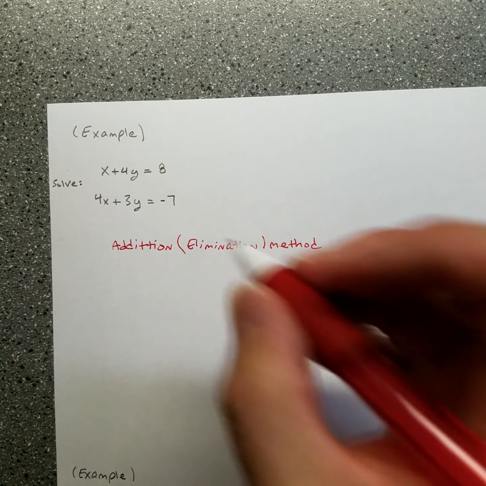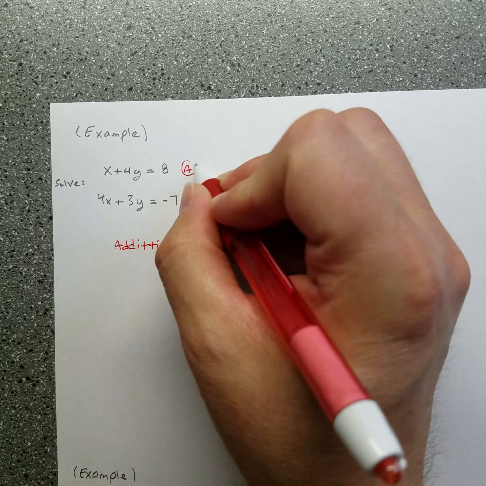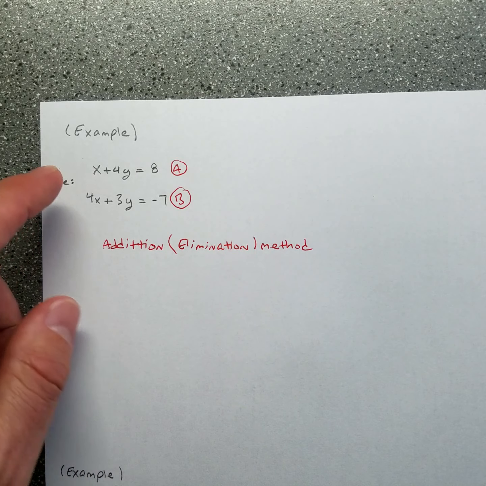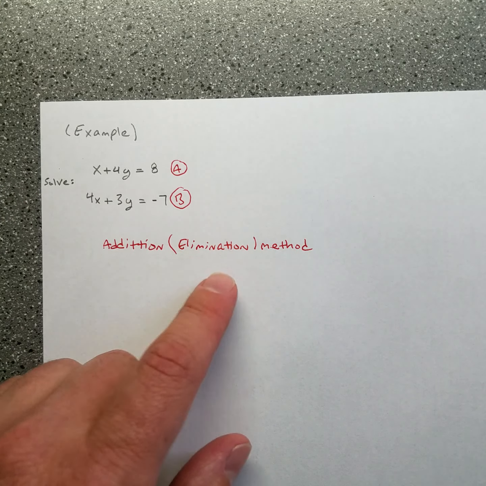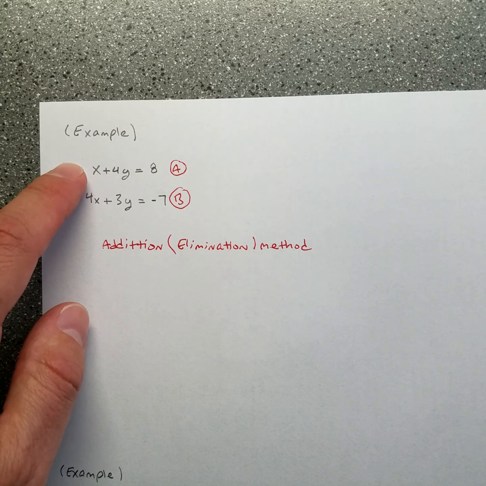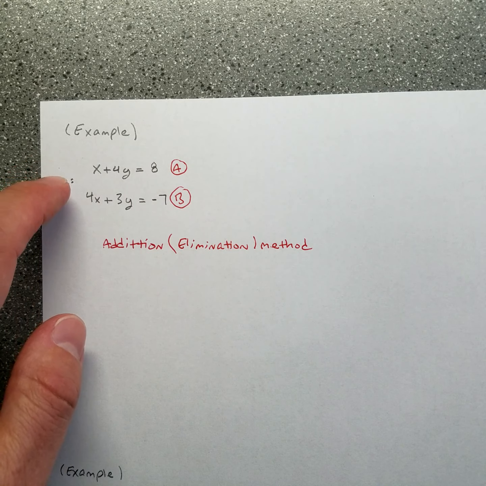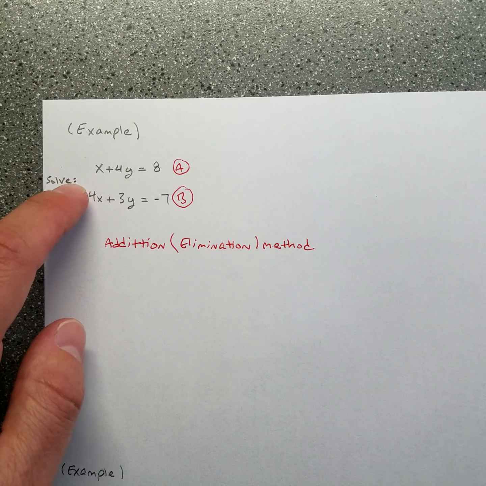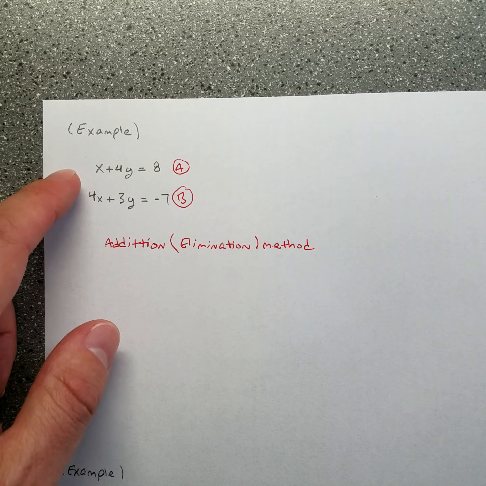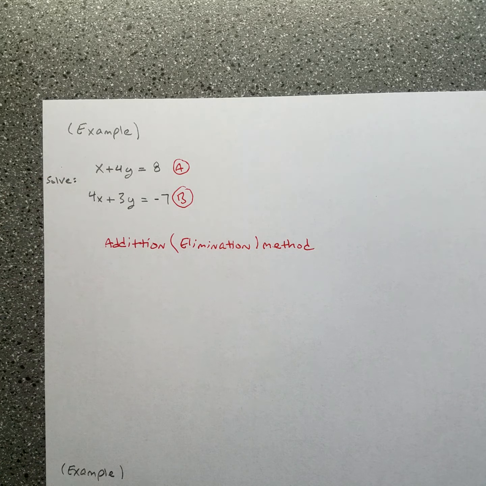So here goes. Let's say I call this equation A and this equation B. I need to decide, am I going to try to eliminate the x or the y? Which one's it going to be? The way I'll do that is by figuring out that I can multiply one or the other of these equations by any number of my choice, so that when I then add the equations together, one of the variables will cancel.